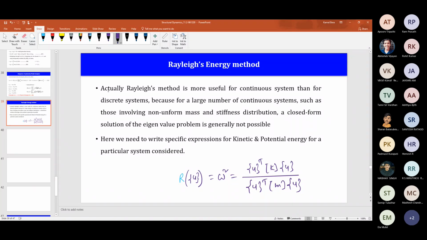You'll find that closed form expressions for eigenvalues and eigenfunctions are only possible for simple systems, meaning uniform systems without variation in mass or stiffness. But if the stiffness distribution, mass distribution, and cross-section dimensions vary along the length of the beam, it is impossible to find them in closed form. In those cases, you have to go for an approximate method.